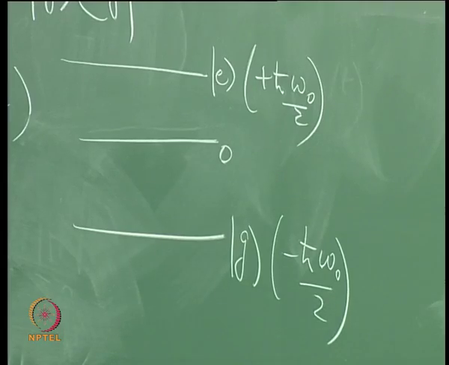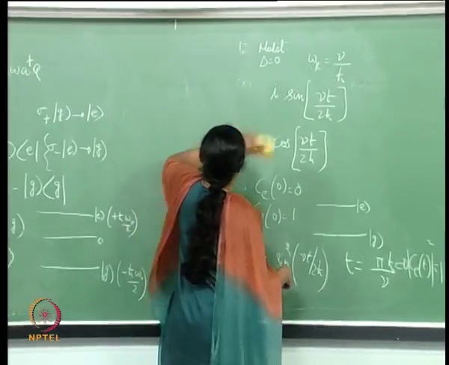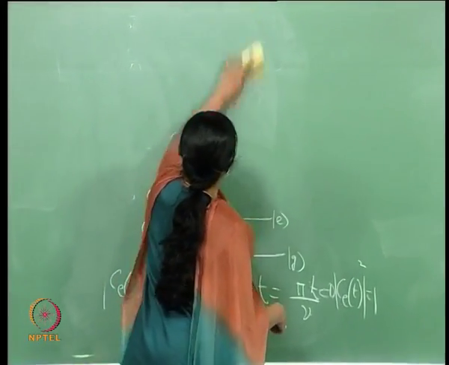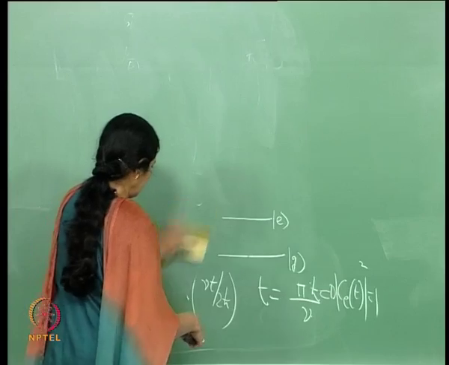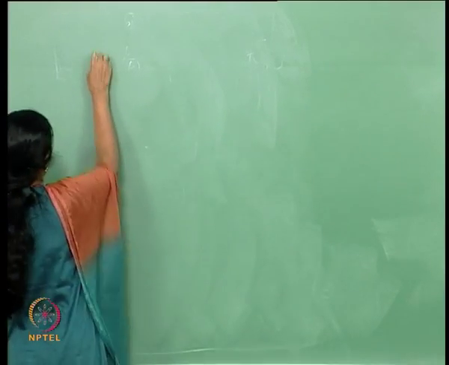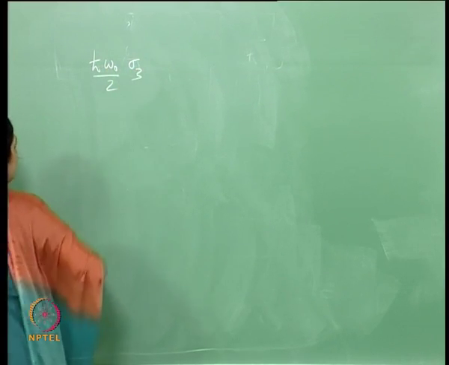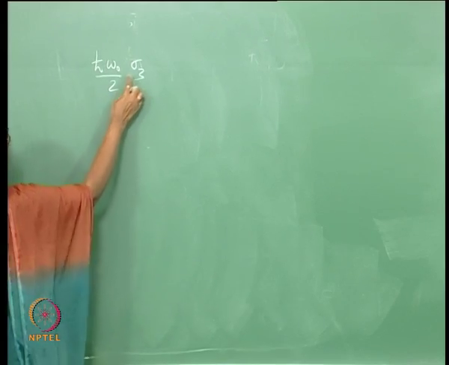Surely I can write the free atom Hamiltonian very simply in the following manner, as h cross omega naught by 2 sigma 3, because what happens?